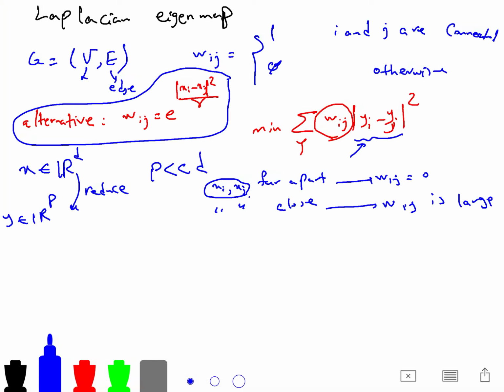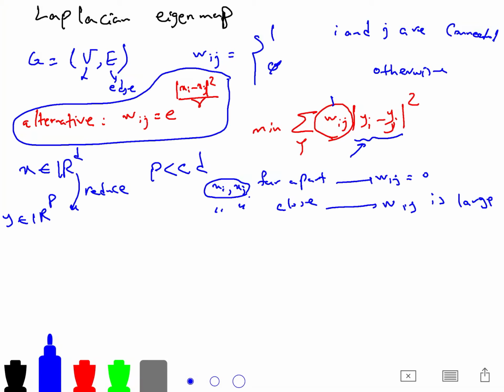We want to penalize it if yi minus yj gets big. So if xi and xj are close, then this wij is large.